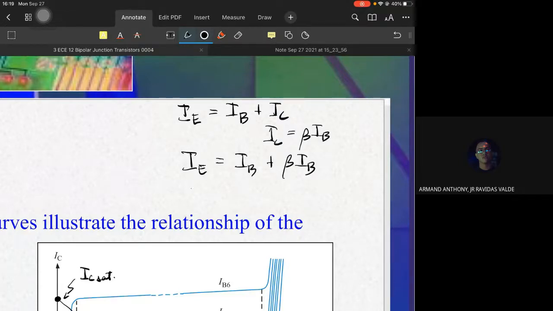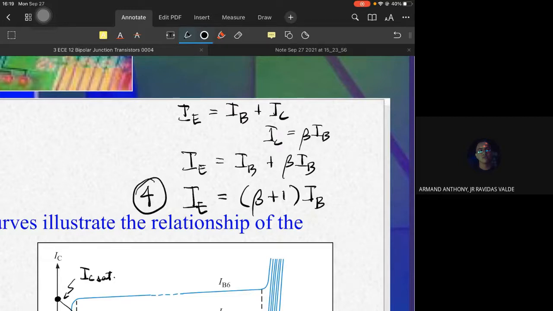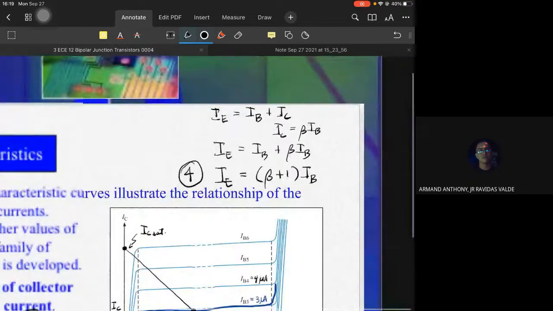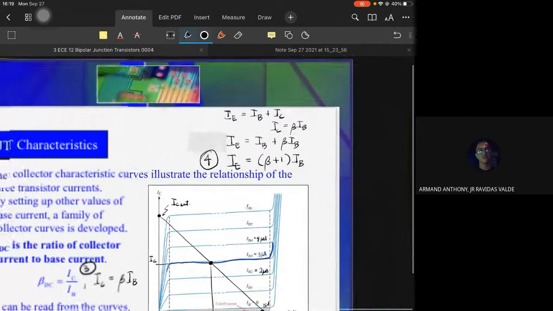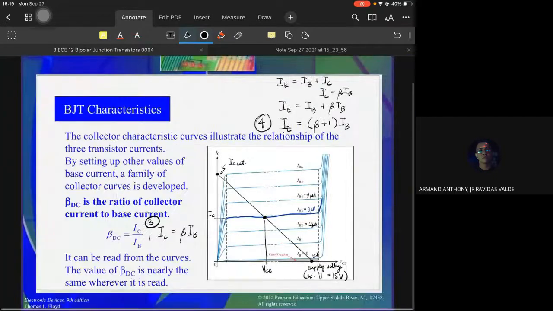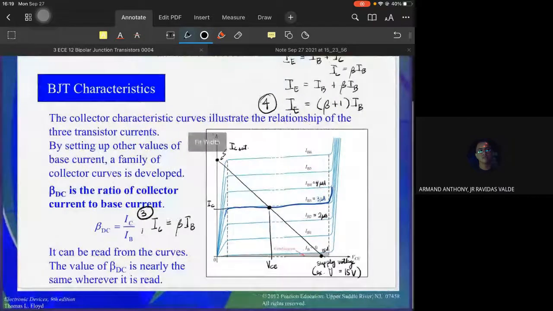Or factoring out IB, IE is beta plus 1 times IB. Relationship number 4. And these 4 formulas are the ones that we will always be using, and you should memorize these four.